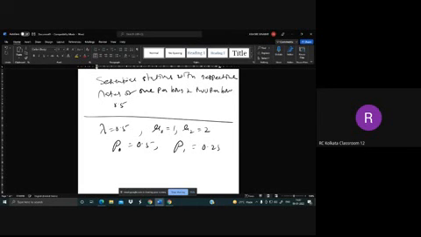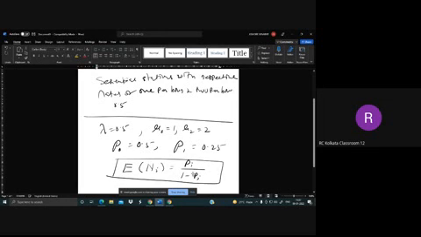That is 0.25. The average length of the queuing station will be that formula, expectation of n_i will be rho_i by 1 minus rho_i. You go through your book notes.